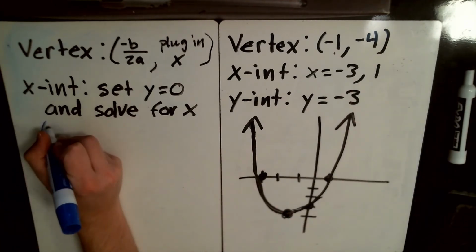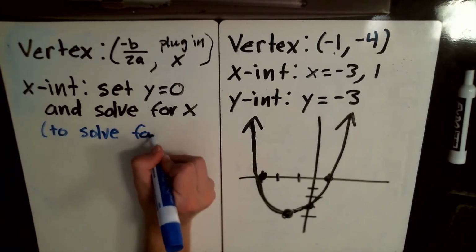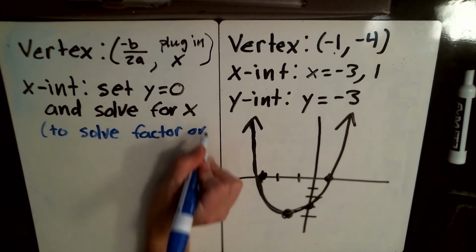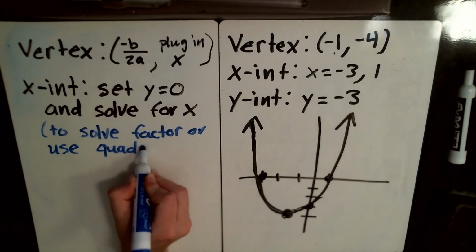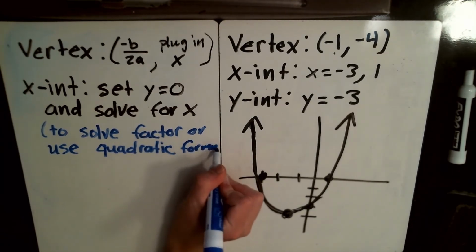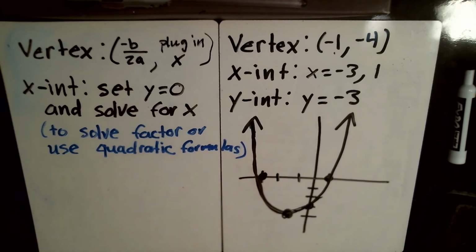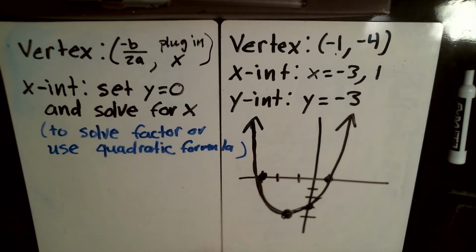So to solve, factor or use the quadratic formula. Sometimes the x-intercepts can be nasty decimals, and then you just estimate where they are using your calculator if you use the quadratic formula. So that's how we get our x-intercepts.